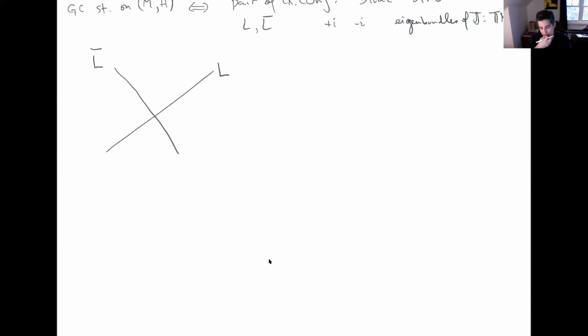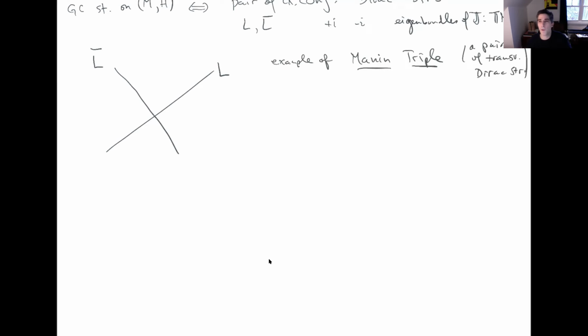Okay, now whenever you have, so this is an example of what's called a Manin triple, where you have a pair of transverse Dirac structures.